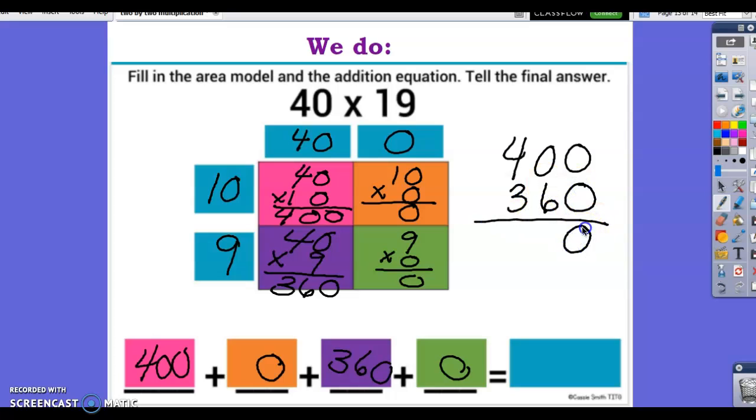And when you add that up, you get 760. Just make sure you don't forget that step with the 0. So if you have some sort of 0 that's in the value of the ones place, make sure not to forget it because it is still something that you can multiply. You just get an answer of 0.